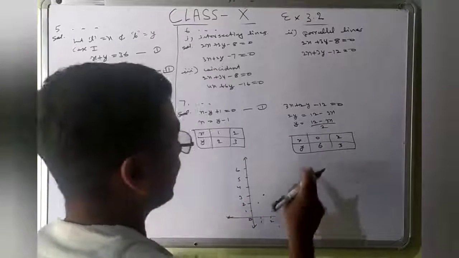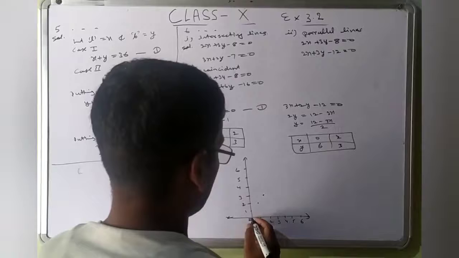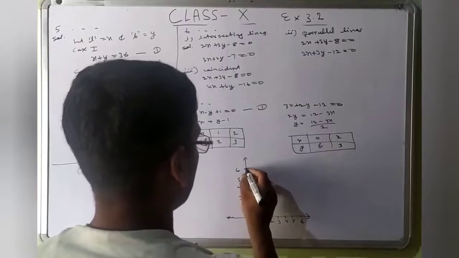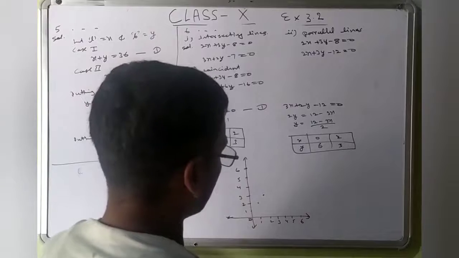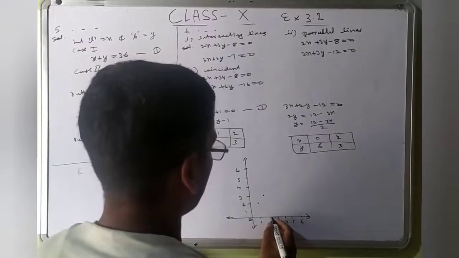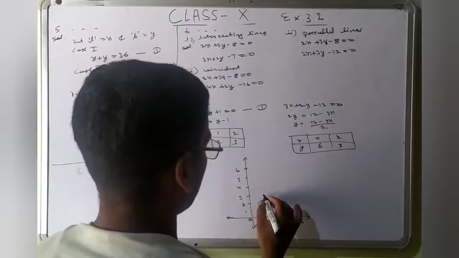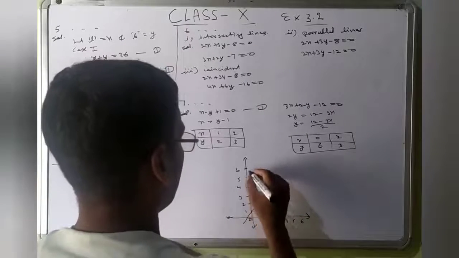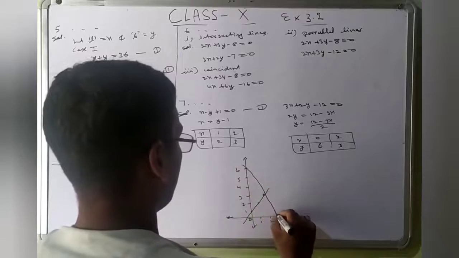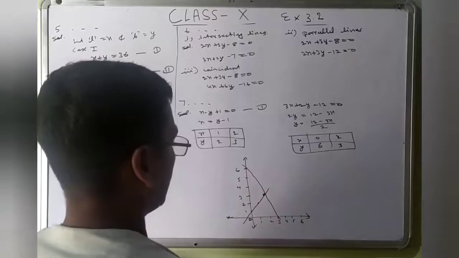Now from the second equation, 0 and 6, and then 2 and 3. So this will be one line, and this will be the other.